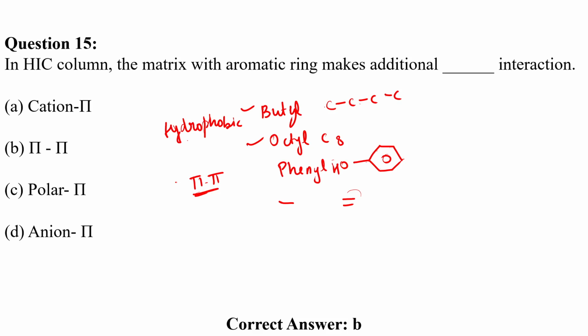That's why phenyl sepharose columns, basically the columns that have phenyl group as the side chain, are known to be stronger binding columns. If I am loading a hydrophobic compound, it will bind more strongly to phenyl than to a butyl column, because of this additional interaction.